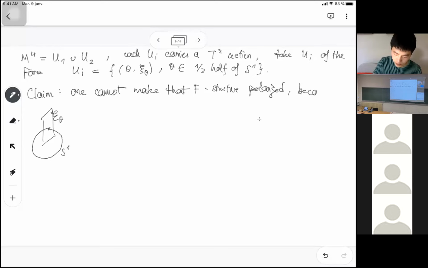So just because of this non-trivial holonomy, when you think hard about this, you realize, oh, maybe there's an issue.